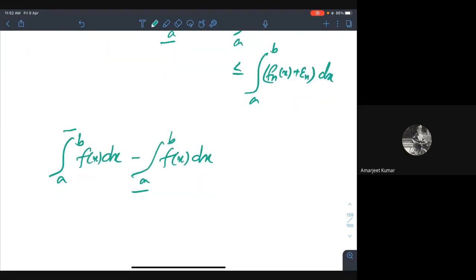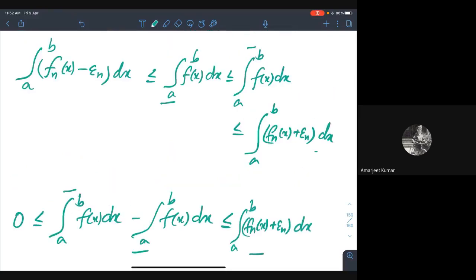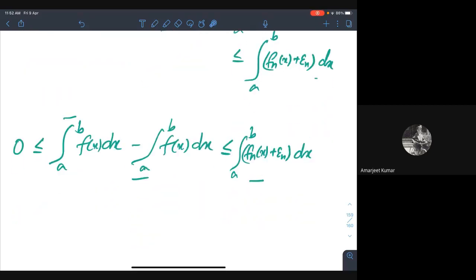If you look at this sign, this should be greater or equal to 0 because the upper integral is always bigger, and this side is less than or equal to the integration of this one, which means the integral from a to b of fn(x) plus epsilon n dx minus this one, right? The integration from a to b of fn(x) minus epsilon n.